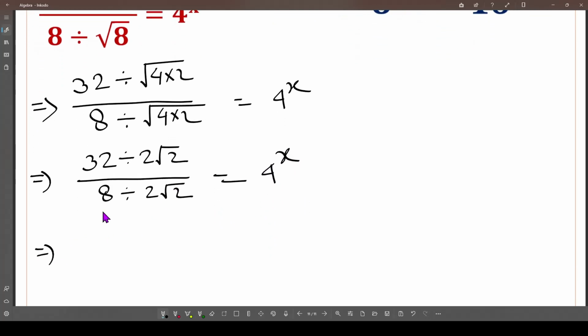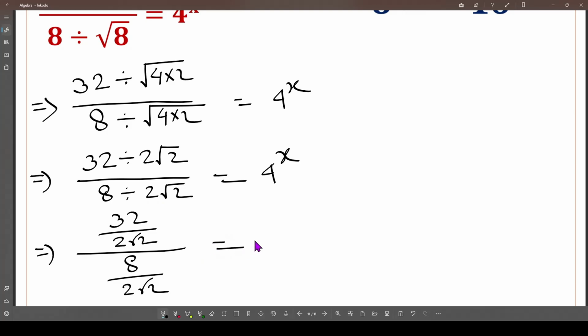Now this one we can write as 32 divided by 2 root 2 and here is 8 divided by 2 root 2. This is the same thing, right? And this 4 to the power x we can write as 2 to the power 2x.